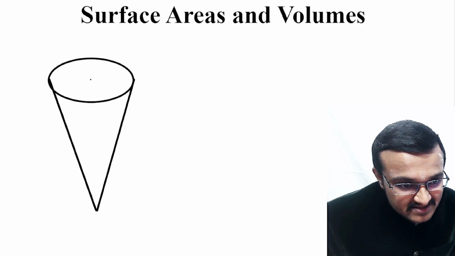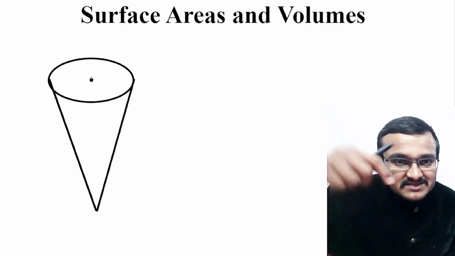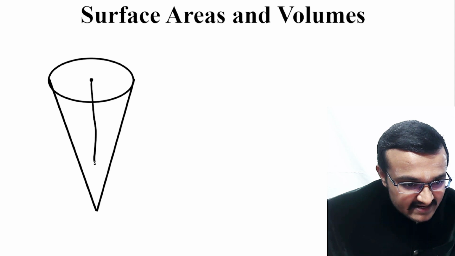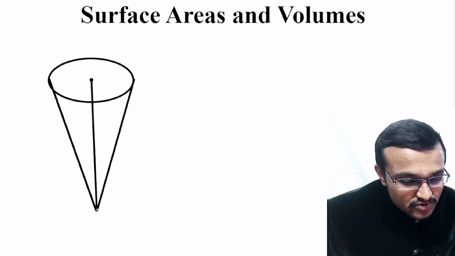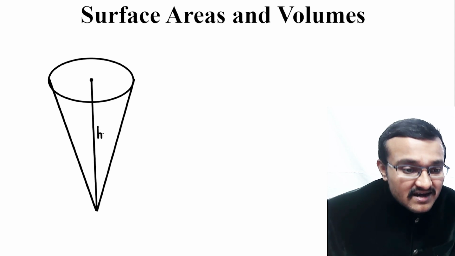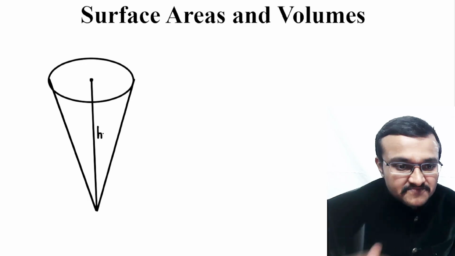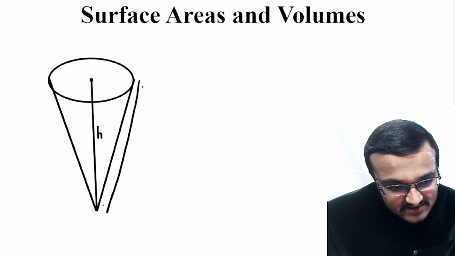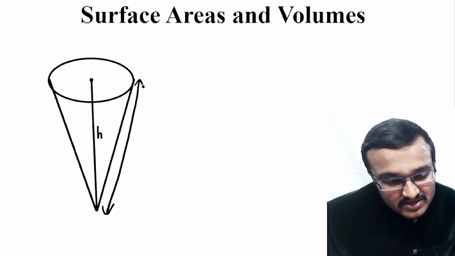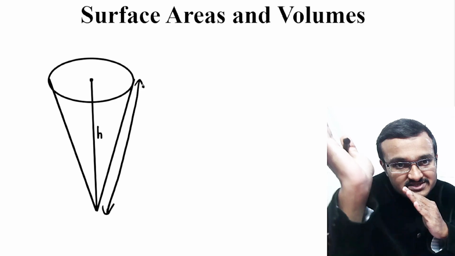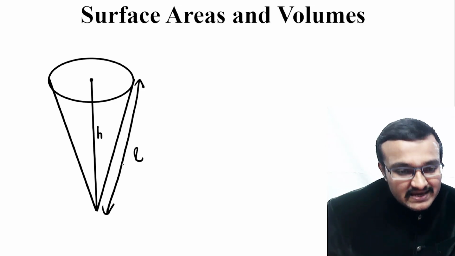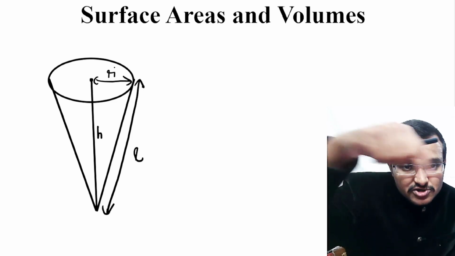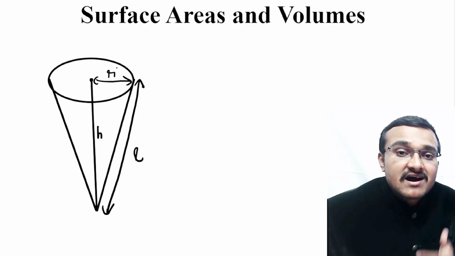If you consider the center of the circle formed on top of the cone, and from that center you draw a straight line to the base of the cone, this acts as the height of the cone, that is h. Now, the length of the curved surface is known as L. And the radius of the circle formed on top of the cone, you can keep as r.